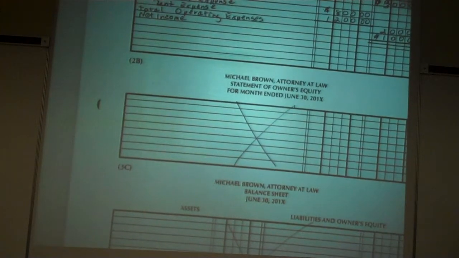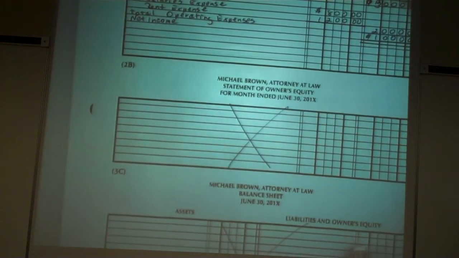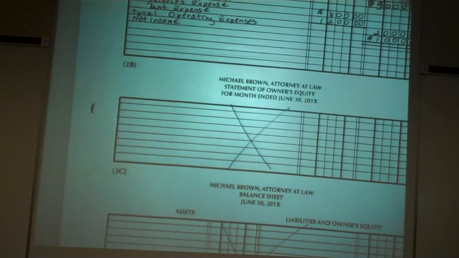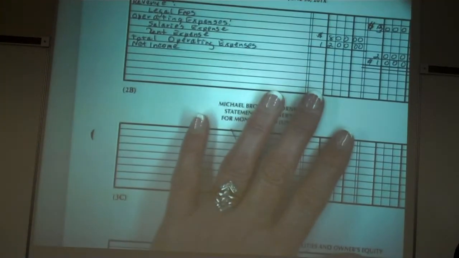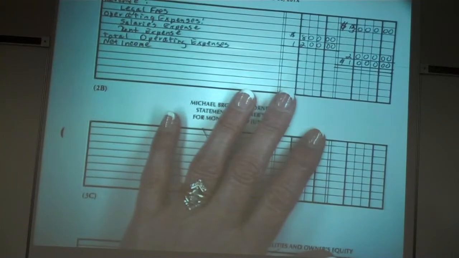So what does the income statement show us? A net income or net loss. Based on the information from that expanded accounting equation, let's see if we can do it.